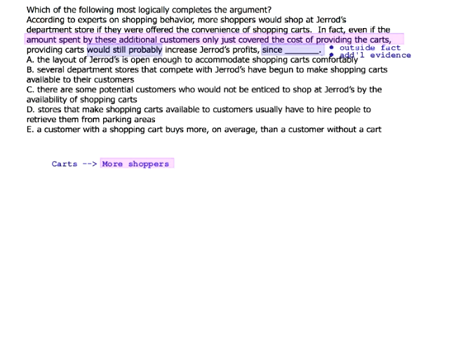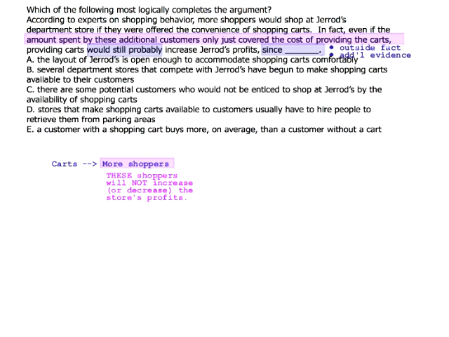These shoppers, they will increase their revenue, but only to a point where it covers exactly the additional cost. So revenue minus cost will not increase, right? So these shoppers will not increase the store's profits, but they won't decrease them either. They won't increase or decrease the store's profits.